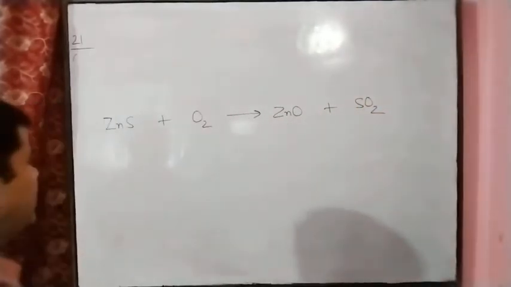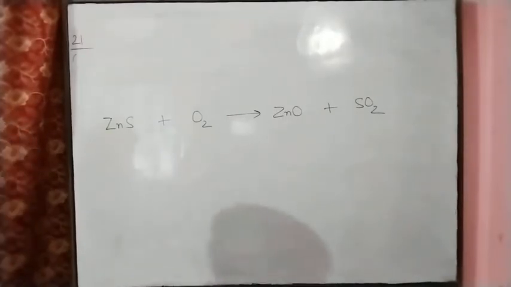So here zinc sulfide reacts with oxygen and gives zinc oxide and sulfur dioxide.